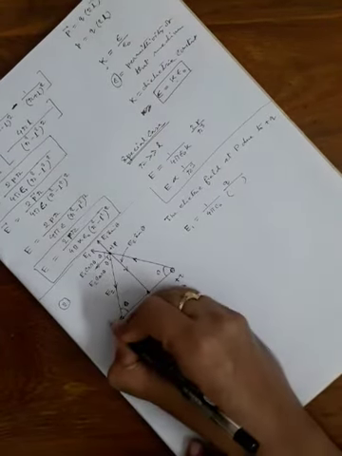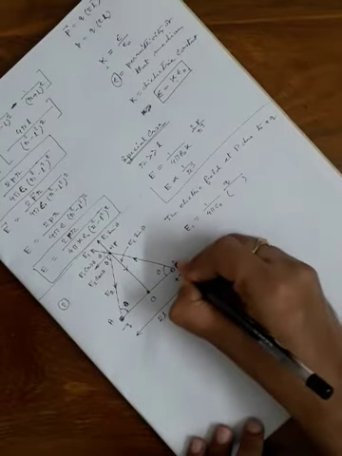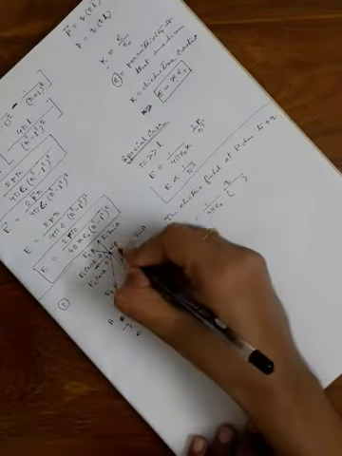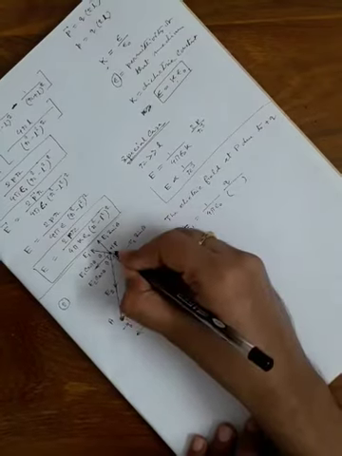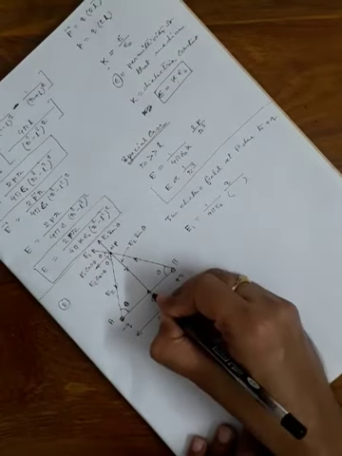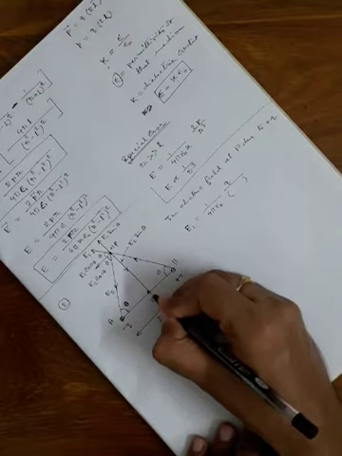Let this point be point A and this point be point B. This is point P, and the midpoint or the origin is O.